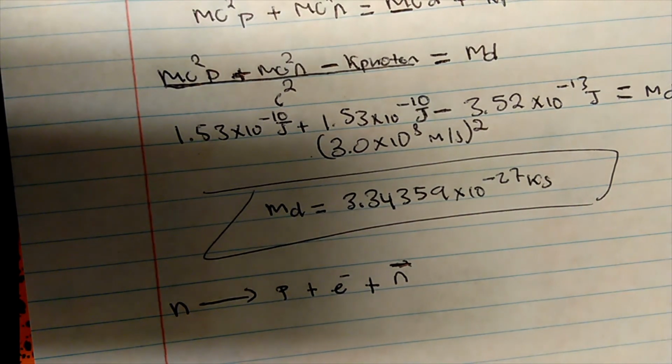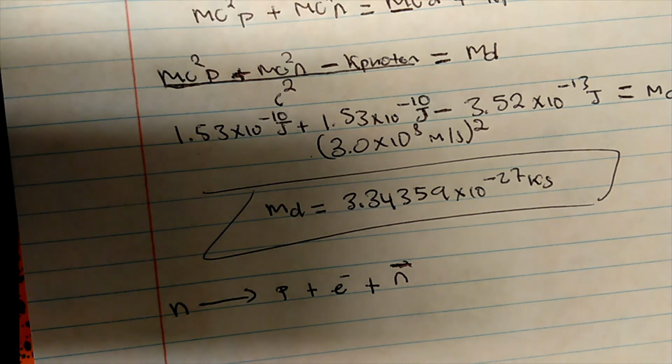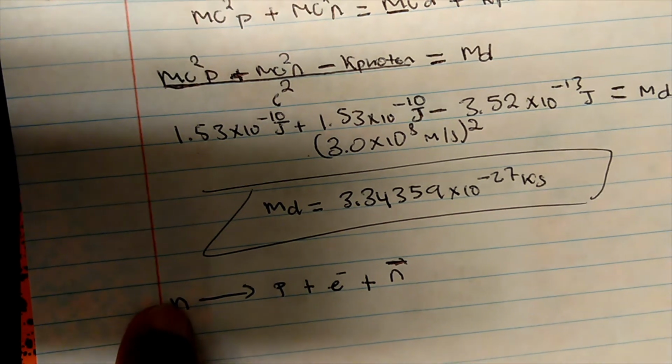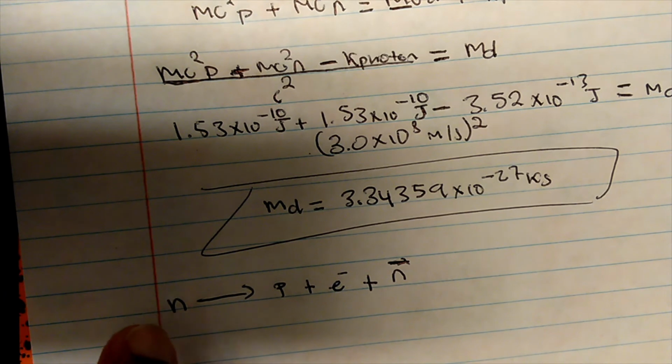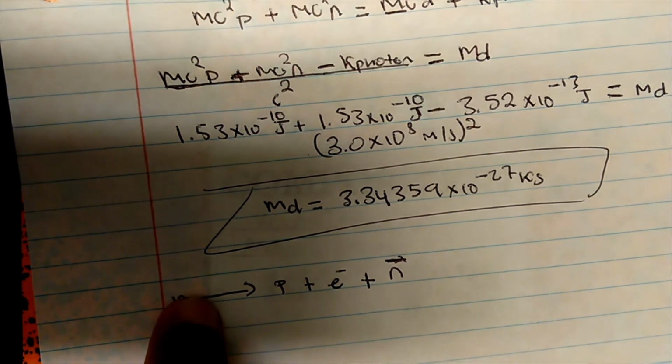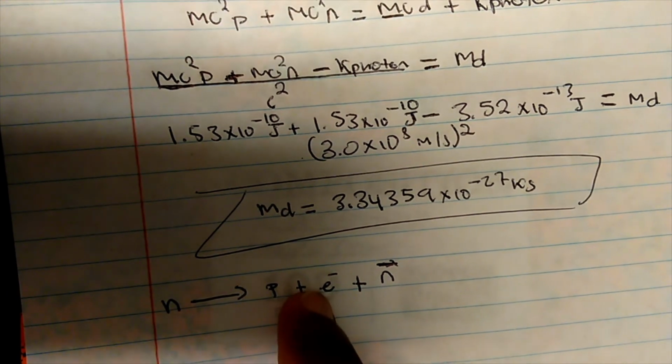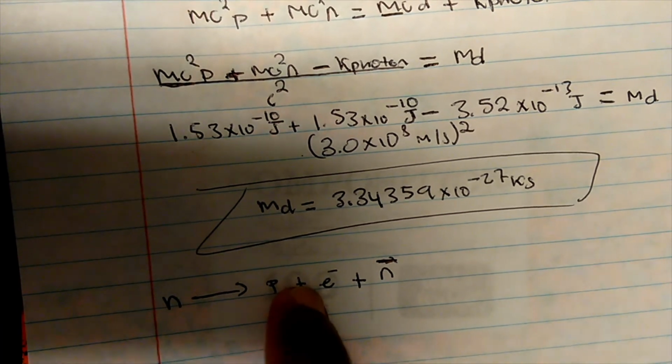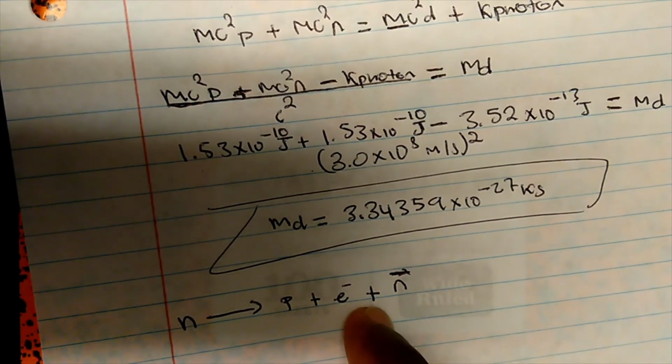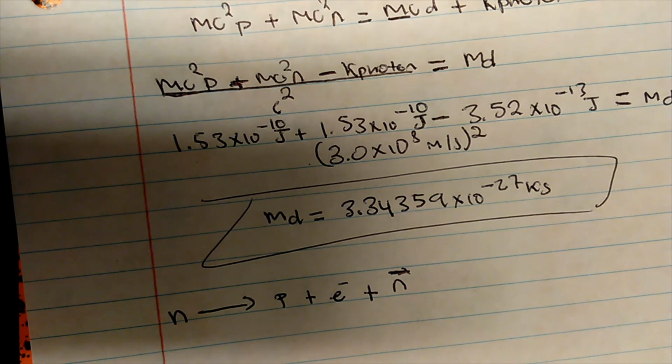Okay, here's what I want you to remember. The neutron's rest energy is equal to the sum of the rest energies of the products plus the kinetic energy. That is something to be very careful of.